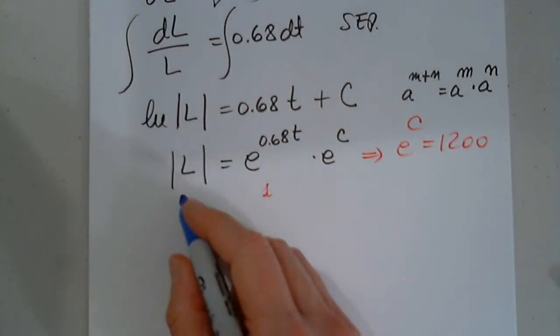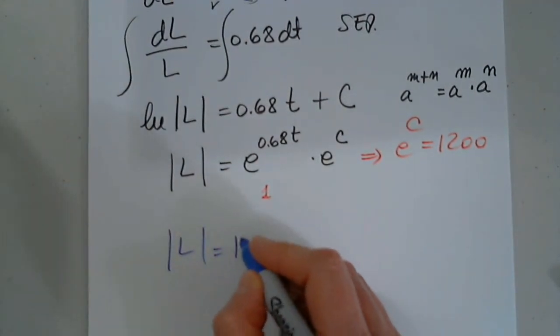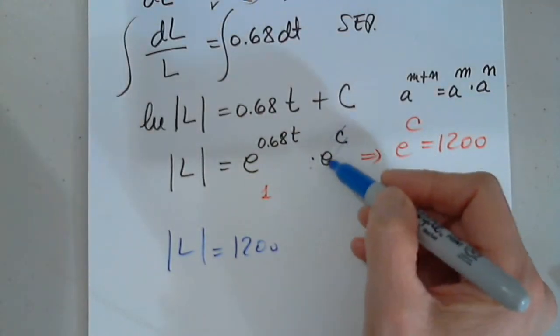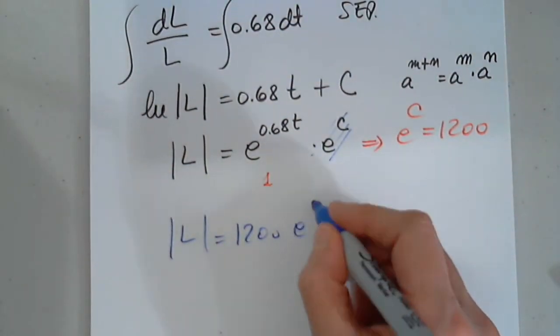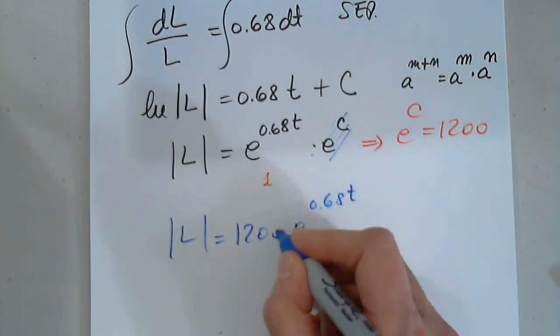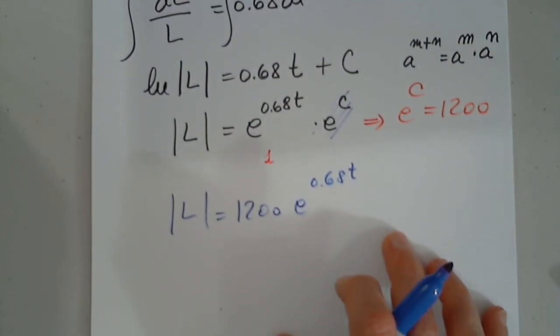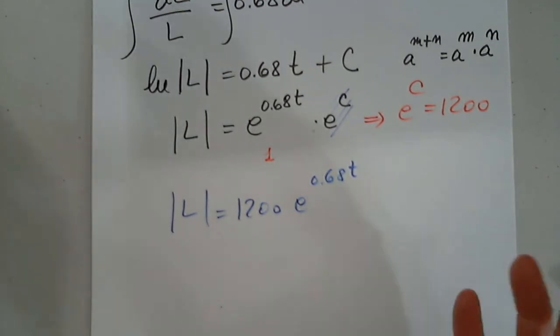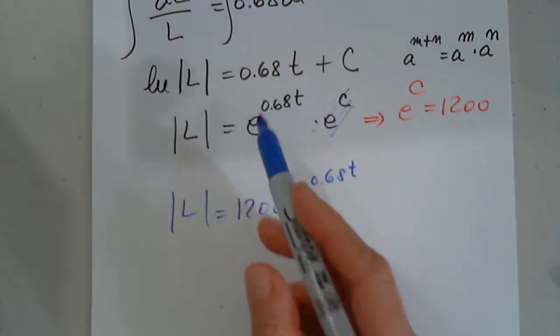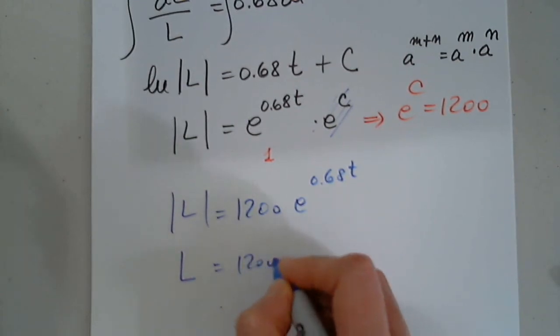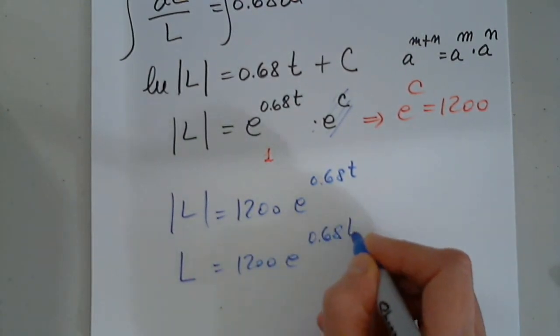So then the absolute value of L equals 1200, because this is 1200, times e to 0.68 t. Or just L, because the plus or minus can be included. 1200 e to 0.68 t.